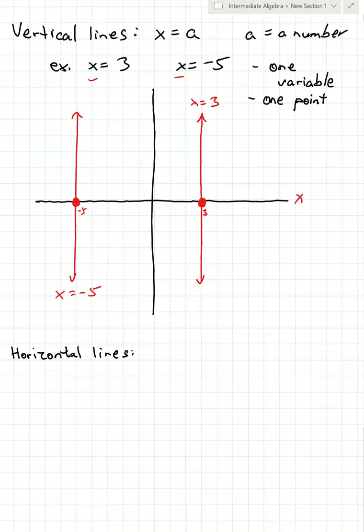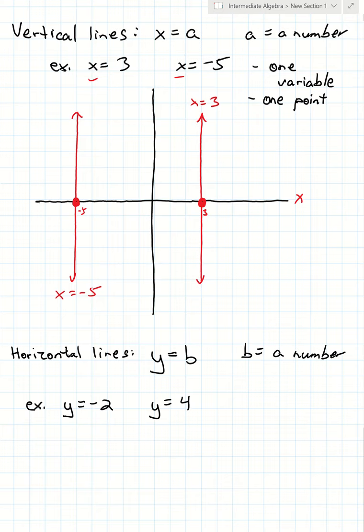Horizontal lines take the form of y equals b, where b equals, once again, a number. For example, I could have the equation y equals negative 2. I could have the equation y equals positive 4.